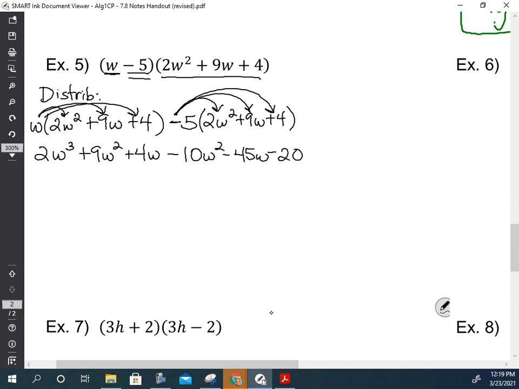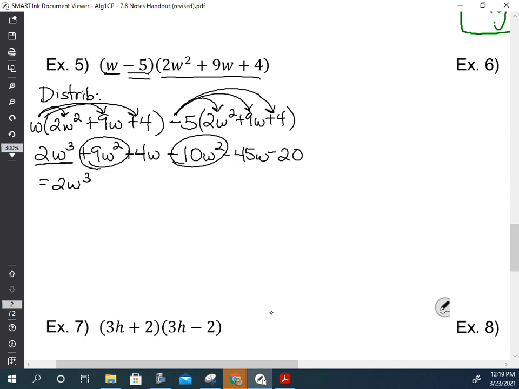Then we combine our like terms. 2w to the third doesn't have anyone to go with. So notice I started with the biggest exponent. If I start with the biggest exponent, then I don't have to worry about not going in order. 9w squared minus 10w squared, what is that?